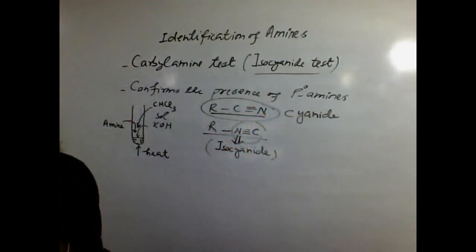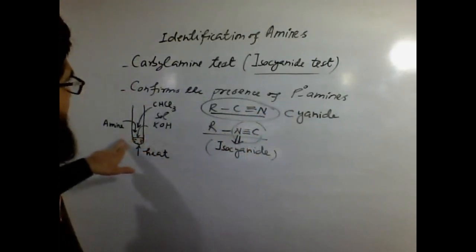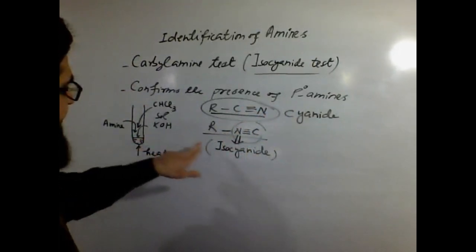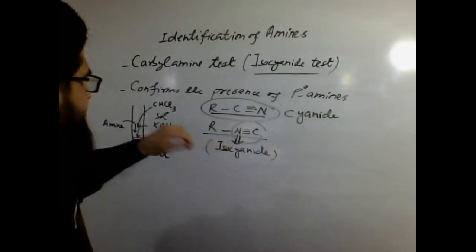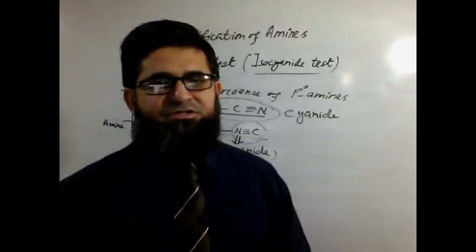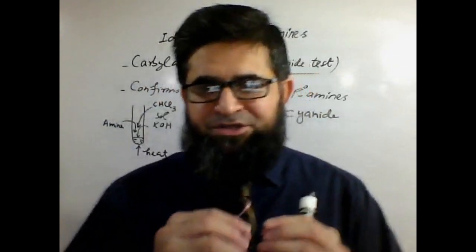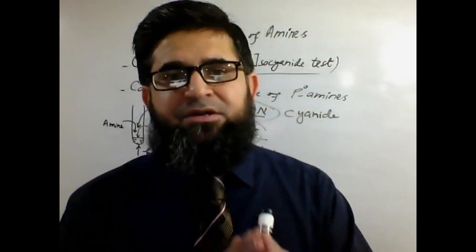So in this reaction, an isocyanide is generated inside the tube, and this generation confirms the presence of an amine. This is the basic idea of the reaction which actually occurs inside the test tube.